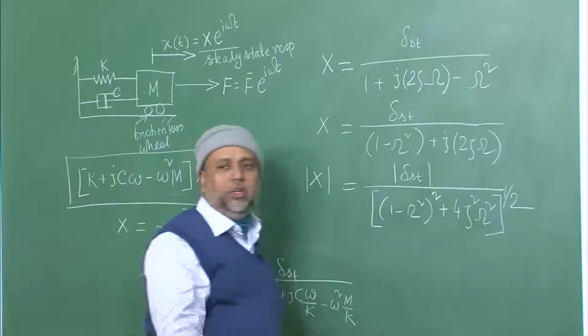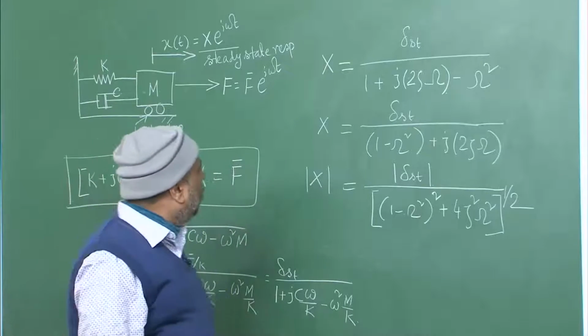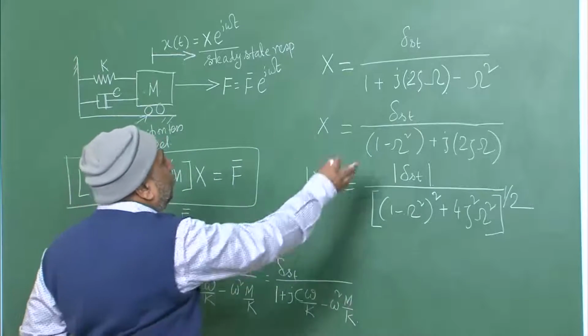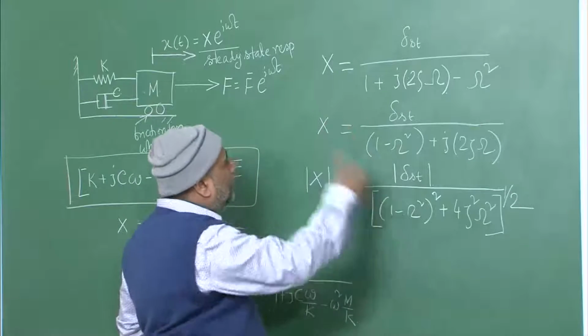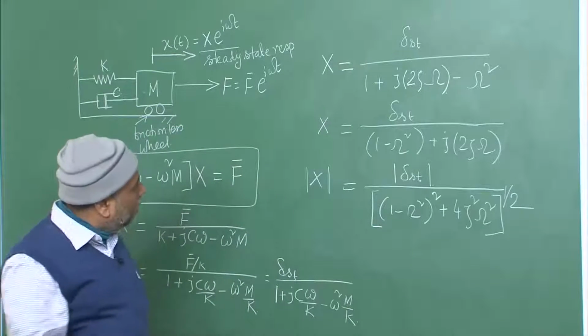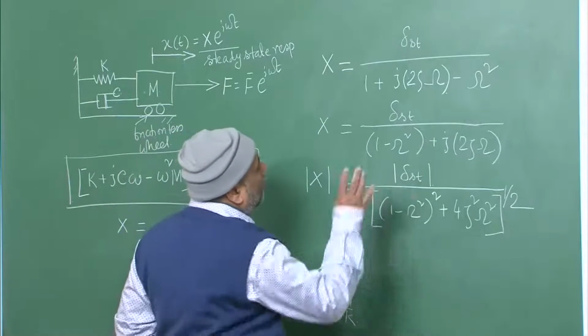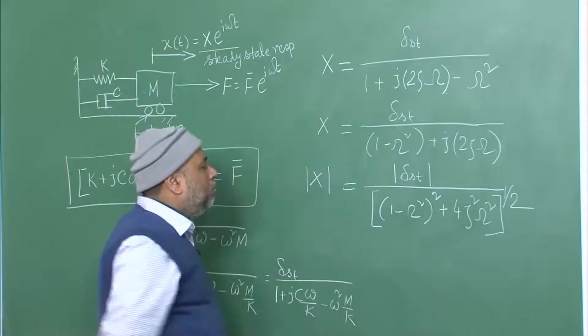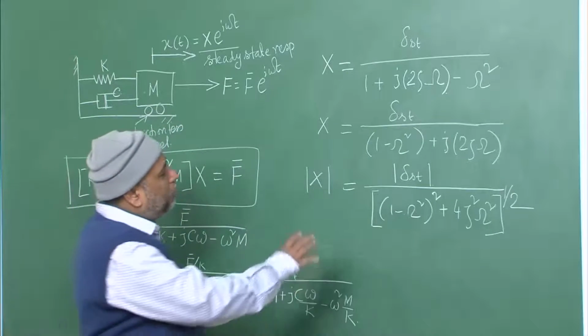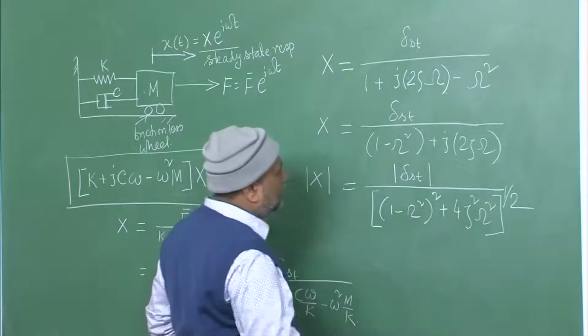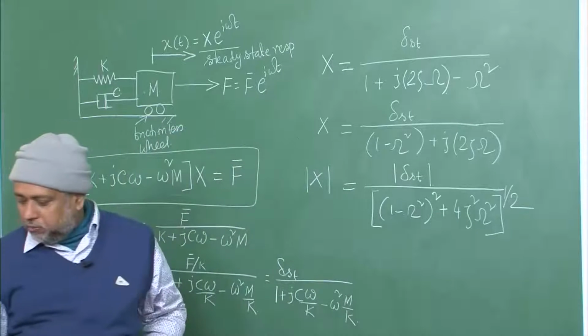That is because it is the ratio of the amplitude of the numerator and the denominator, and the denominator is a complex quantity, so we have found its amplitude in this manner.